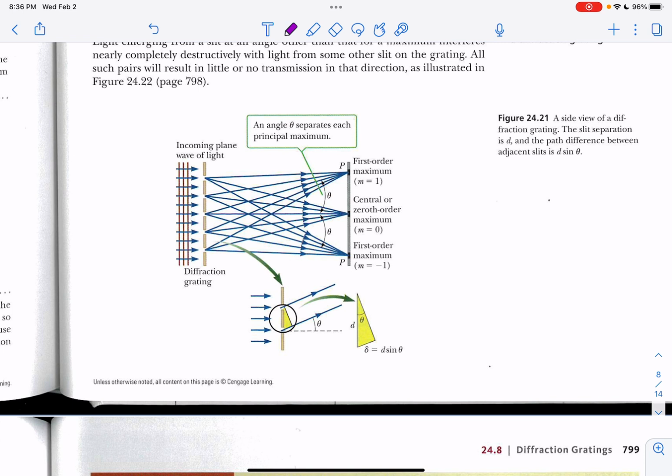And when you go to do the lab, again, you're going to be measuring the distance from your diffraction grating. And there's your diffraction grating right there with slits between them.